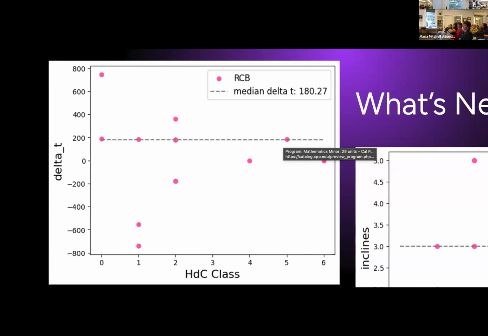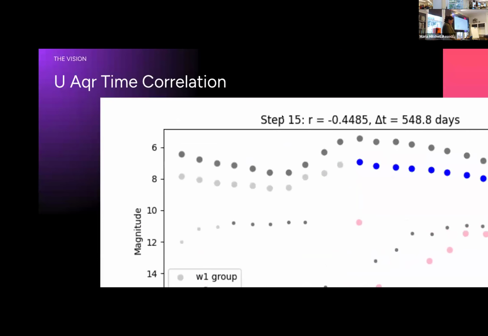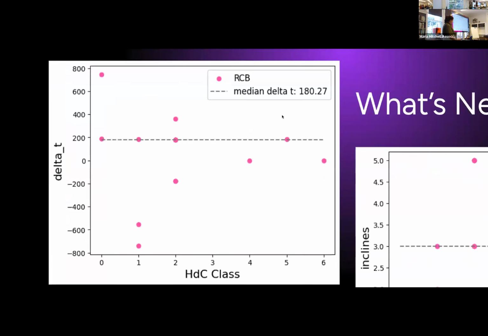So do you remember that time shift graph I was showing earlier? This is that time shift. So that 180-day delta T that was on this graph here, that's what we're looking at here. And then here is the amount of inclines versus hydrogen deficient temperature class.